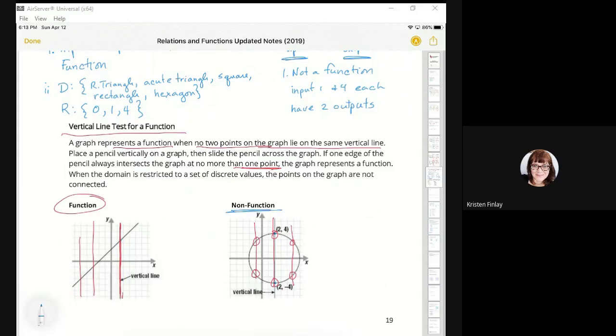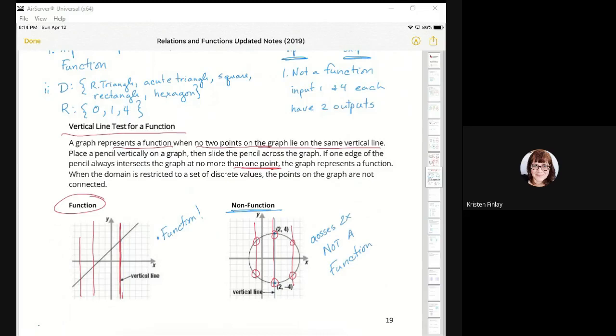So because this one crosses twice, not a function. And this one, no matter where I draw that vertical line, this one is a function. Okay? Yay. All right, so let's keep going.